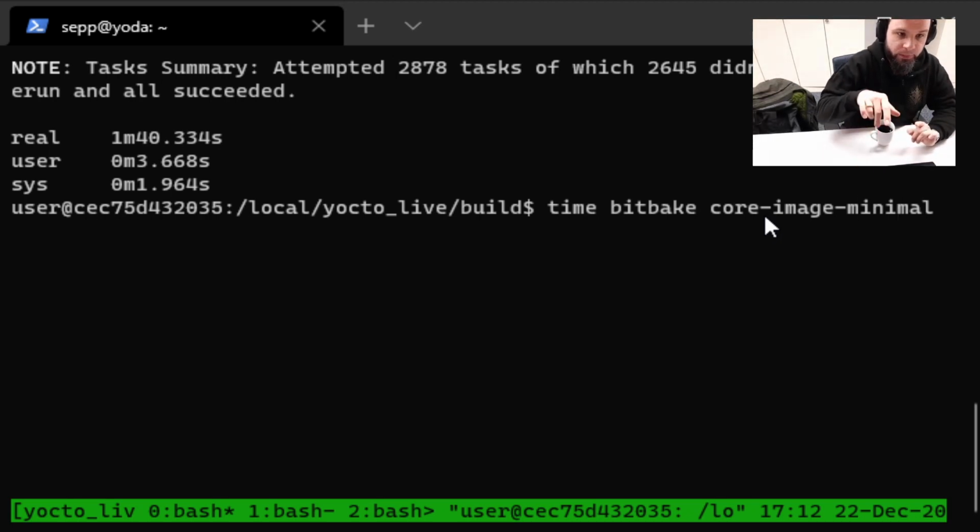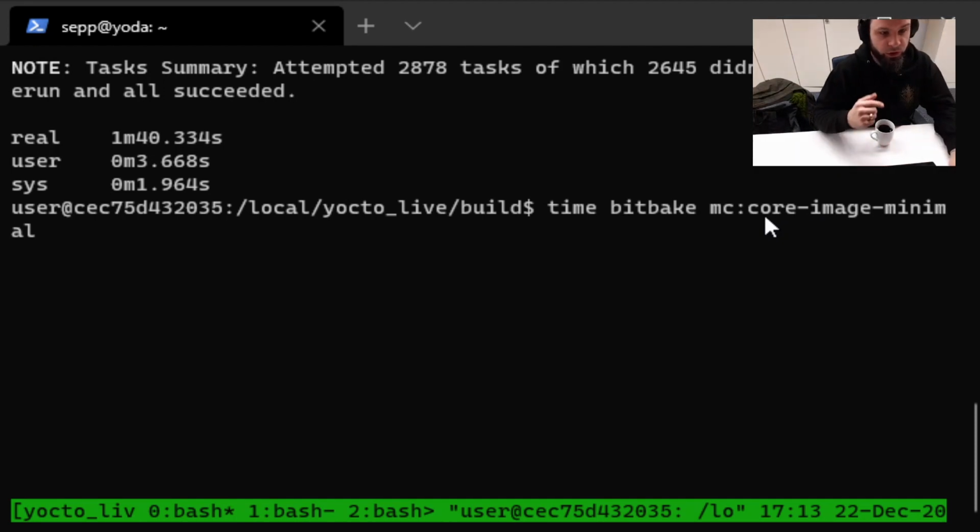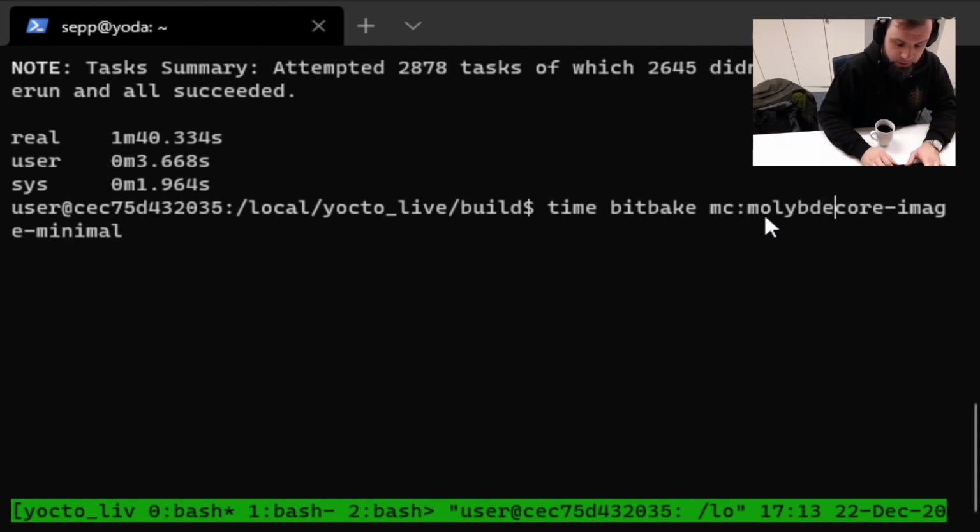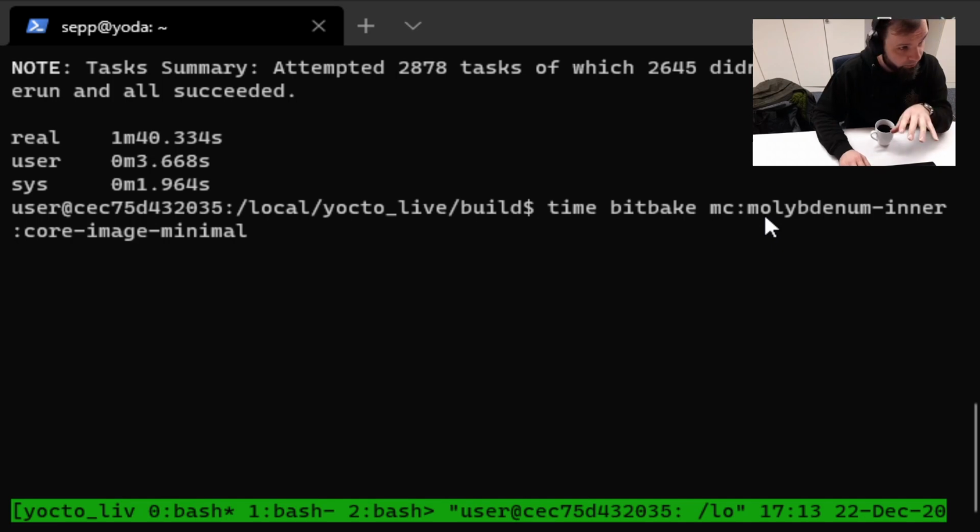We don't give the raw target, we give mc: prefix for multiconfig, and then we name the specific multiconfig part that we want, and then the target.